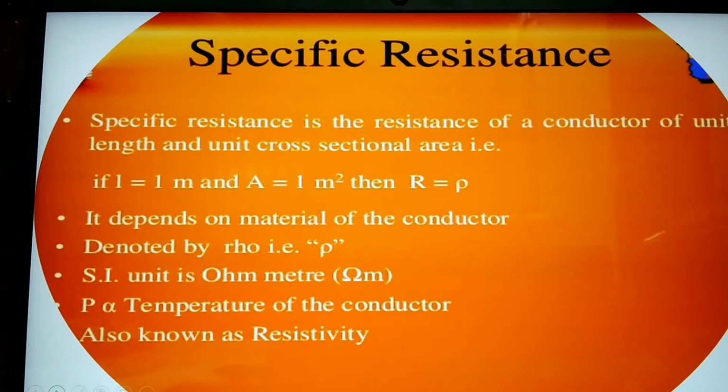That is, if length is equal to 1 meter and area is equal to 1 meter square, then R is equal to rho. It depends only on the material of the conductor and it is denoted by rho. SI unit of rho is ohm meter. Rho is directly proportional to the temperature of the conductor.